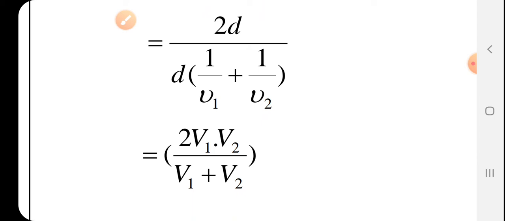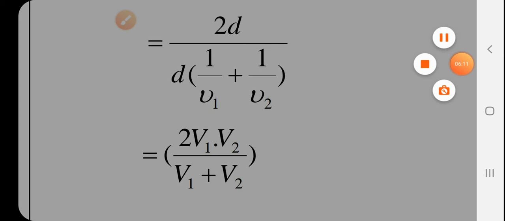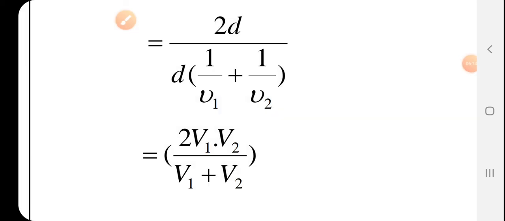We have an example for this type of numerical, that is a particle moving with the speed 20 meter per second from A to B and returning back with the speed 40 meter per second.